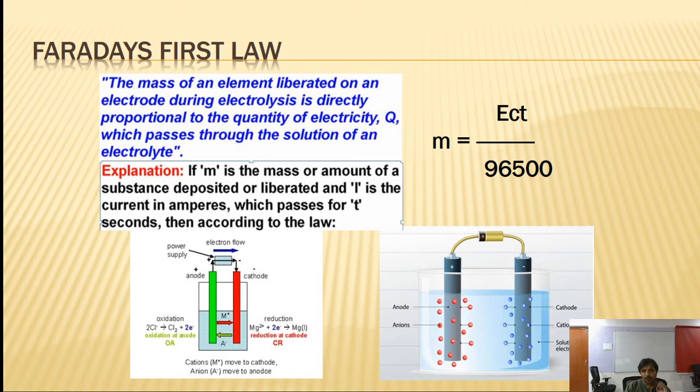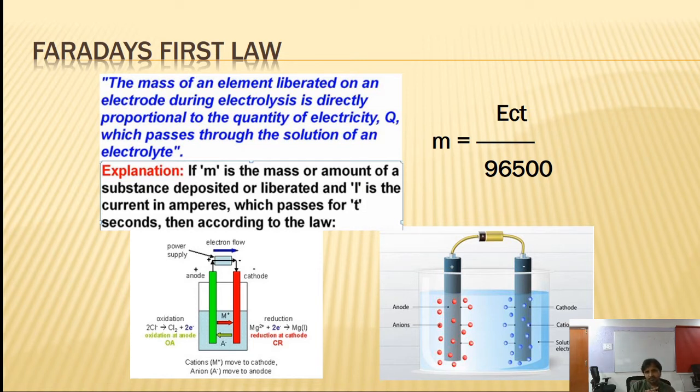That is what Faraday's law says: the mass of the element liberated on an electrode during electrolysis is directly proportional to the quantity of electricity Q which passes through the solution of an electrolyte.